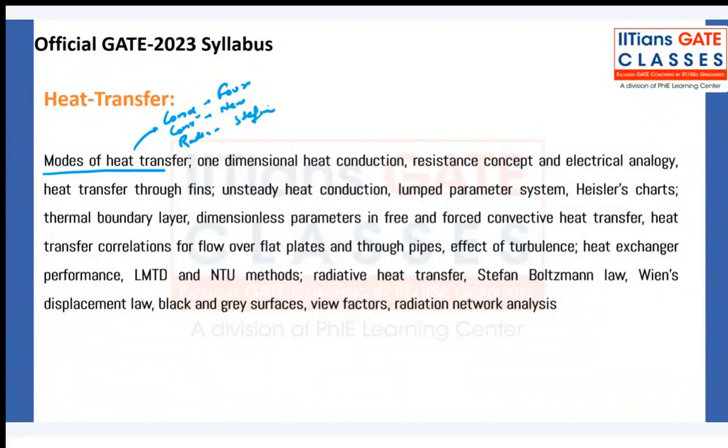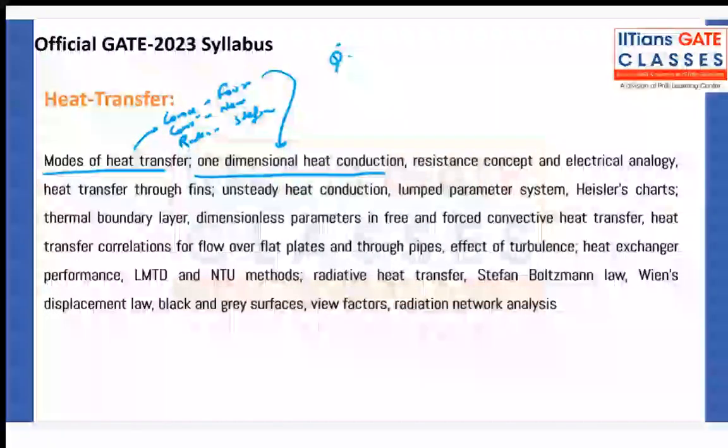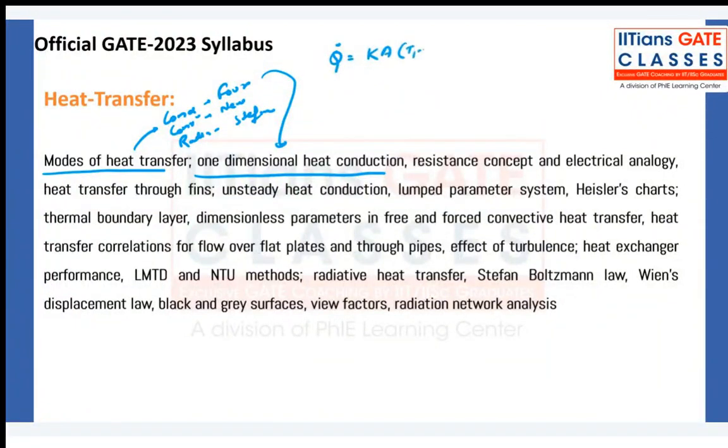Then one-dimensional heat conduction. Fourier's law is one-dimensional only, as we talked about. So all my equations, Q dot equals kA (T1 minus T2) by L, and Q dot equals hA (T surface minus T infinity), are one-dimensional equations.